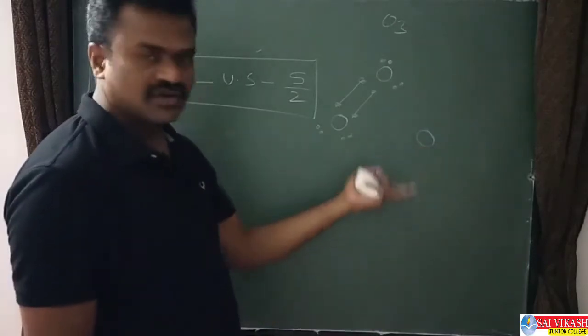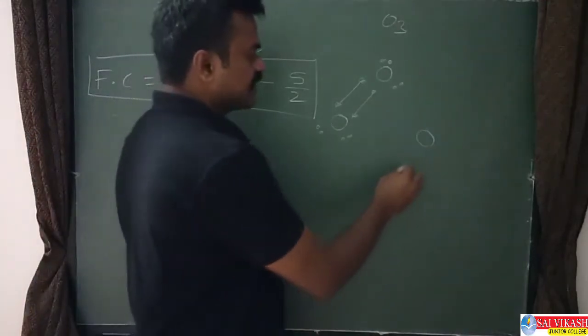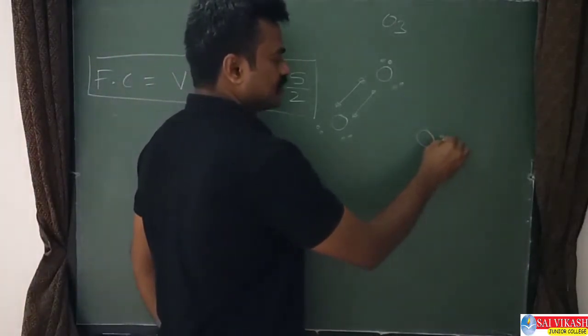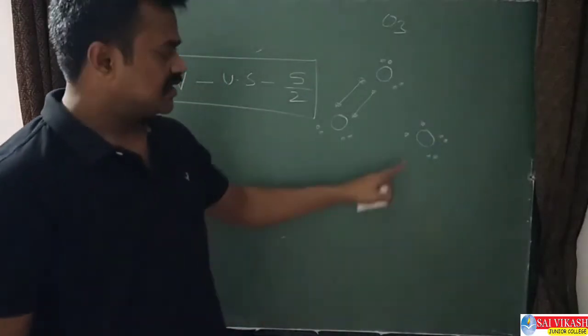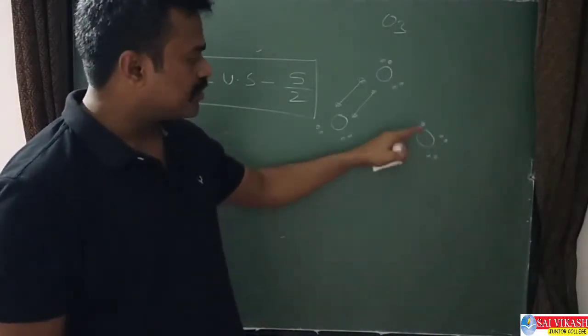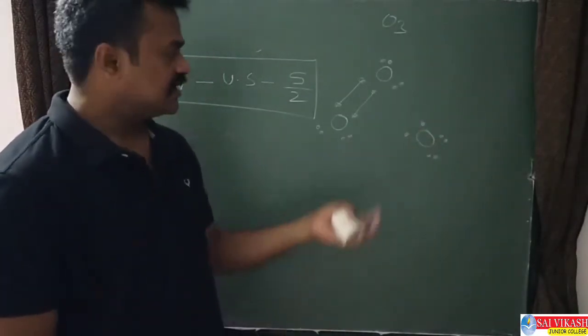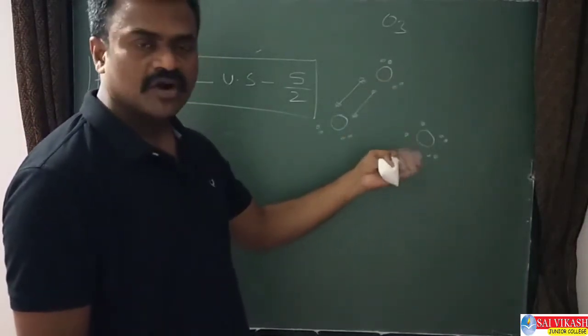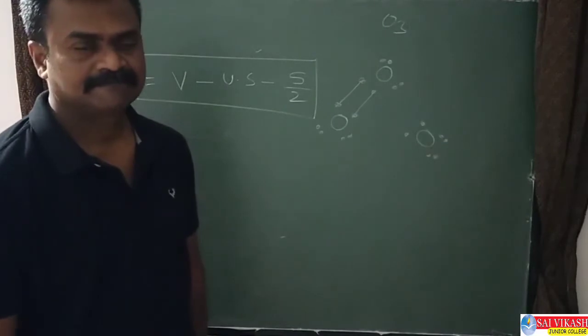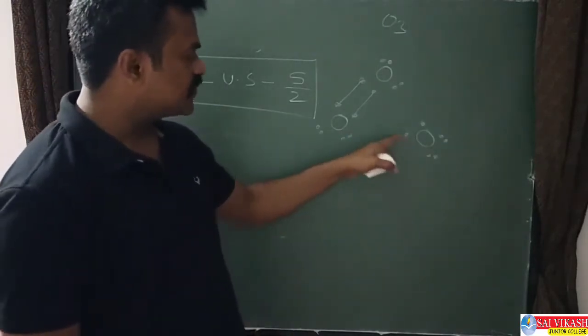But what about this oxygen? This oxygen also has two lone pairs and two bond pairs. Then which oxygen atom is forming a bond with this?